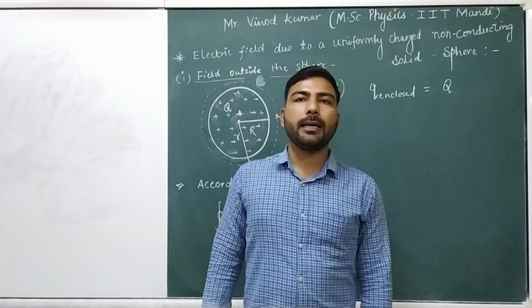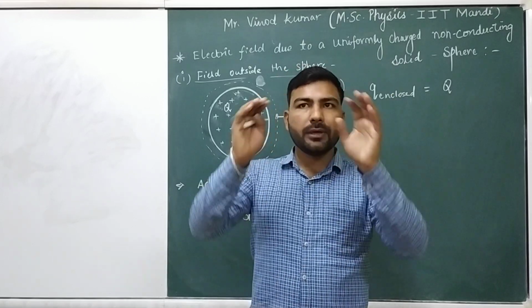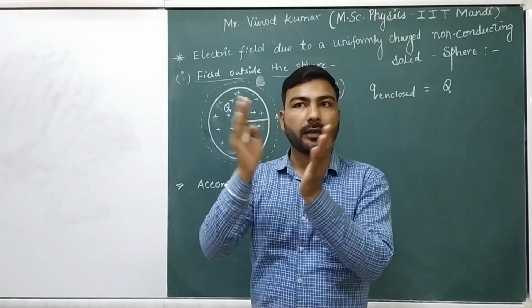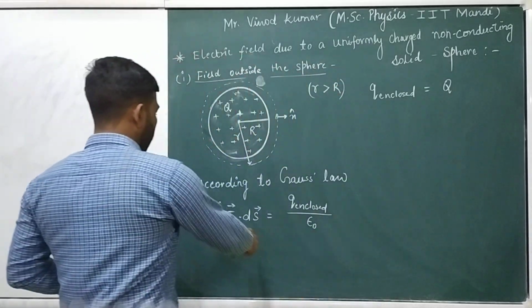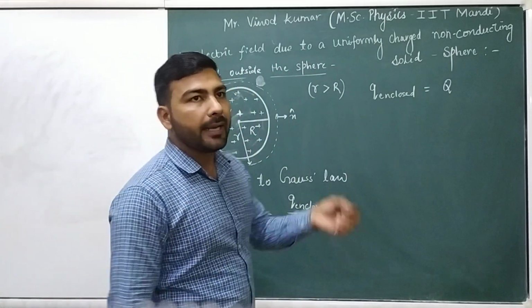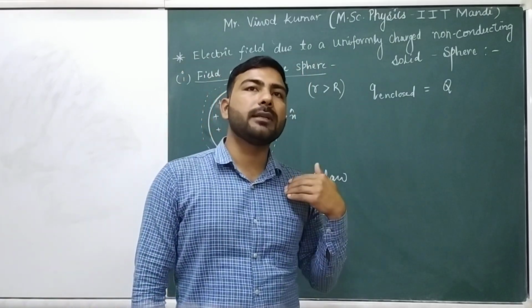As we know, the direction of the area vector for a sphere is normal to the surface, which is radially outward. So the electric field and the area vector, for this particular case, both have the same direction.